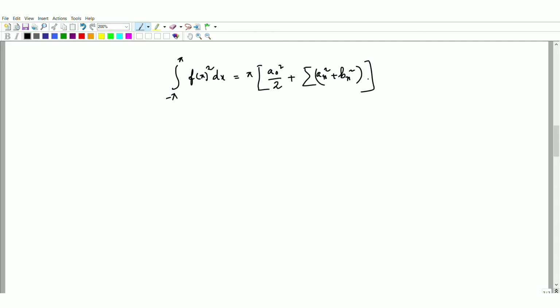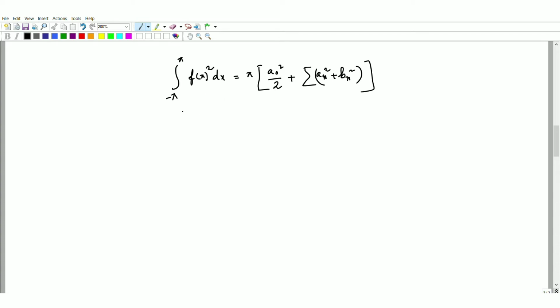You can always remember that when we write the Parseval's identity for a complete Fourier series, not for half range sine or cosine series, we always write this pi here. If I had written minus L to L, then there it would be L.